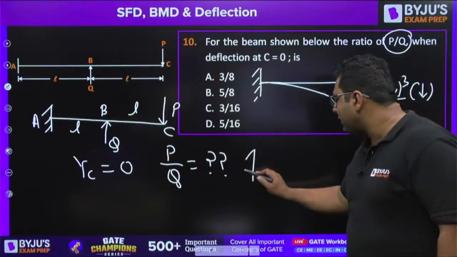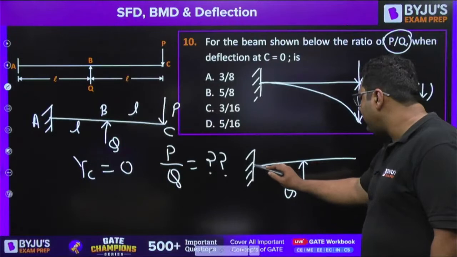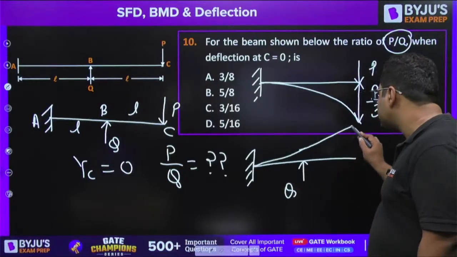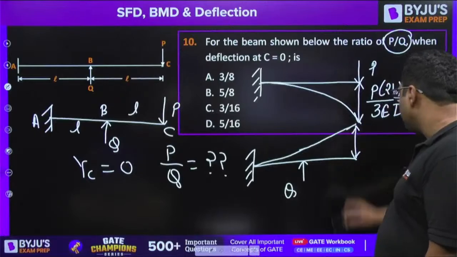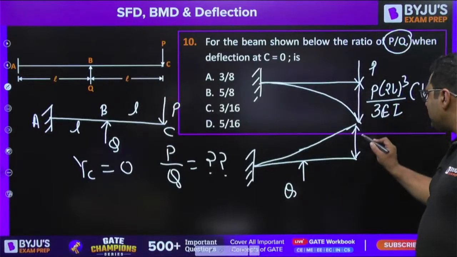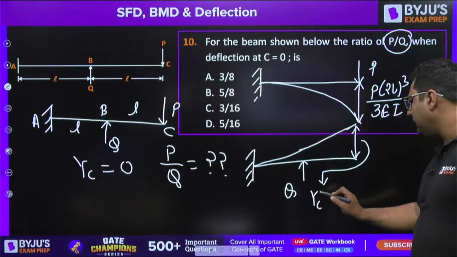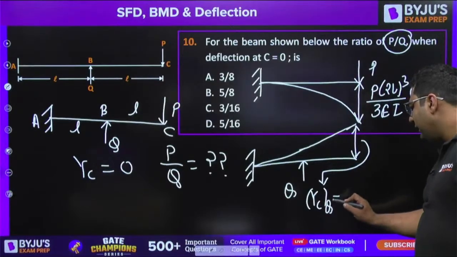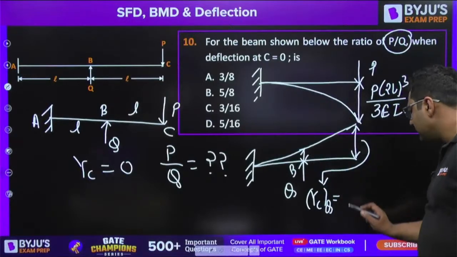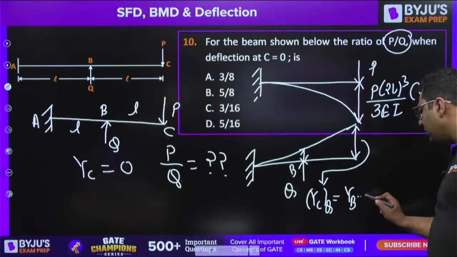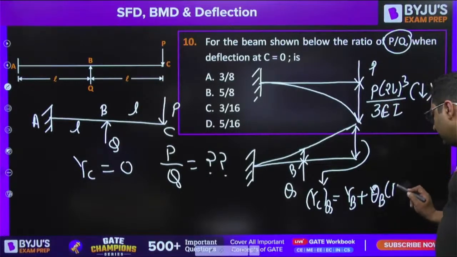Then you can consider another load Q. It will be doing the deflection like this, so this is upward deflection. This deflection is nothing but deflection at C due to Q. This point is B. This is going to be deflection at B plus theta at B into BC.